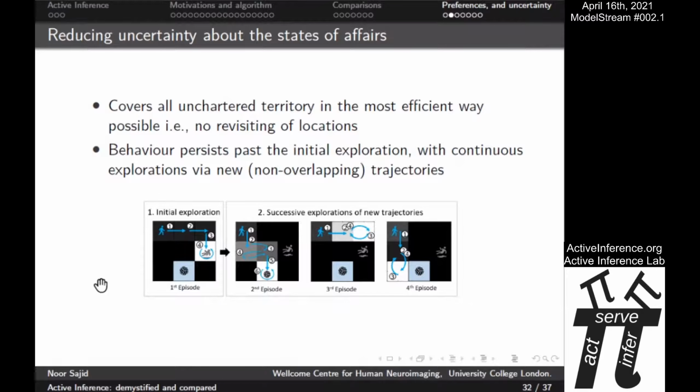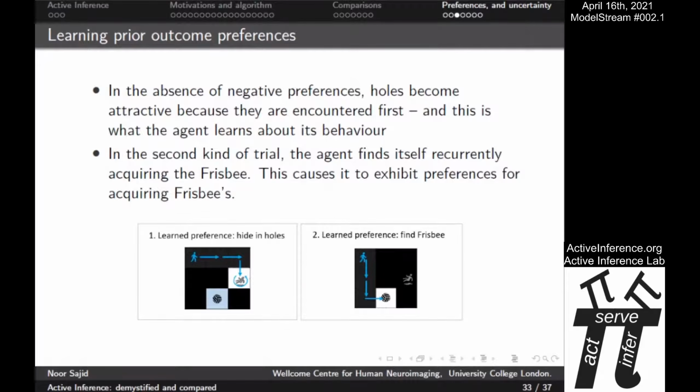The next set of simulations that we ran was to see what would happen if the agent knew about the world but had no preferences over the type of outcomes that it expected itself to be in. And for this, we ran multiple different simulations and saw that in the absence of any sort of preferences, the hole could actually become really attractive if it's encountered first.